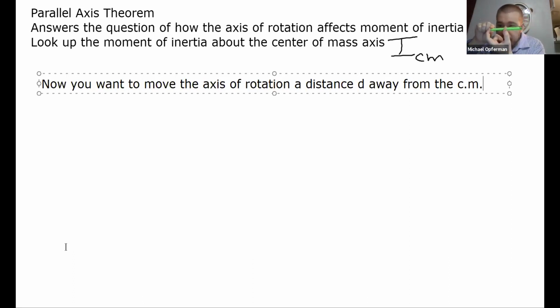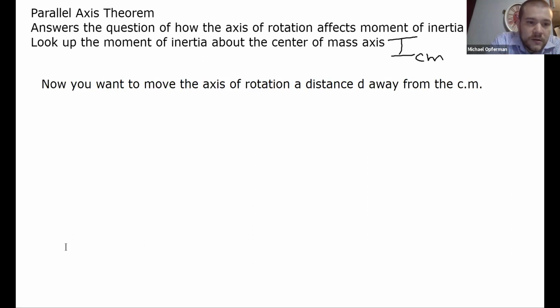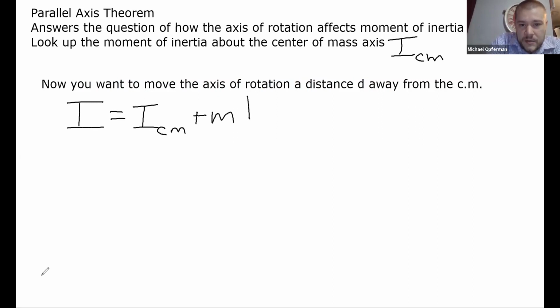So we move the axis this distance. That would be your distance d. The new moment of inertia would be equal to the original moment of inertia that you looked up plus the object's mass times d squared. And again, remember, d is the distance that you moved the axis.